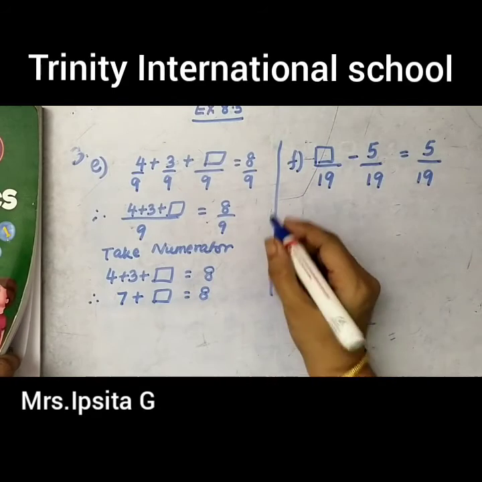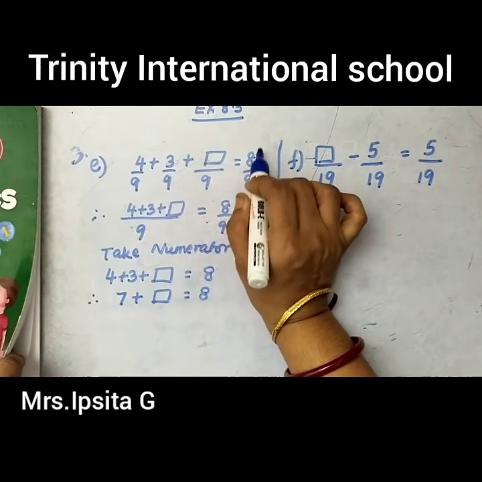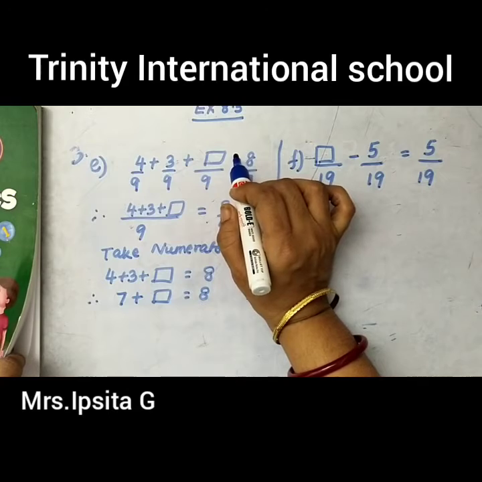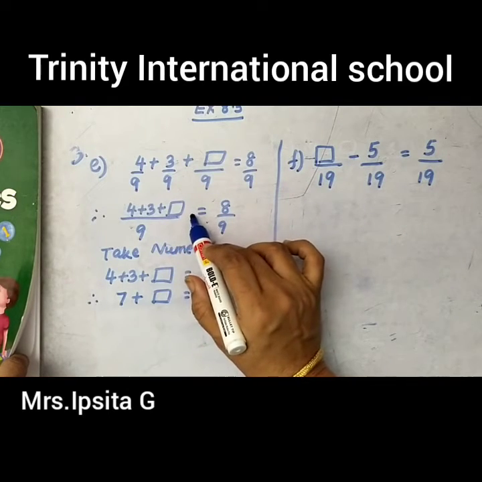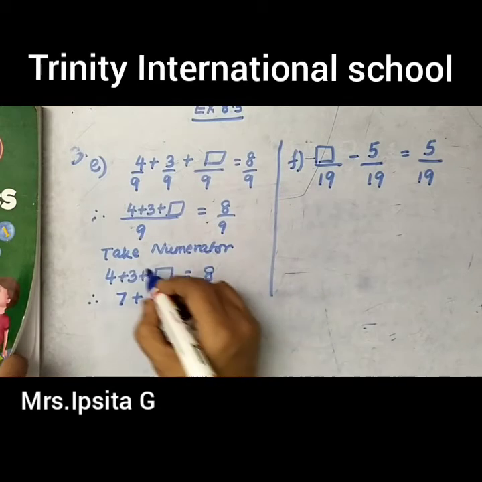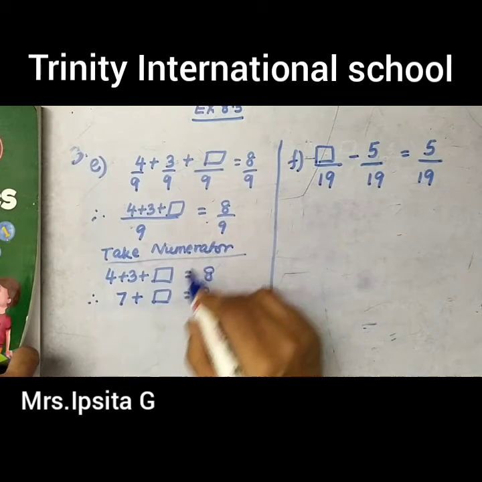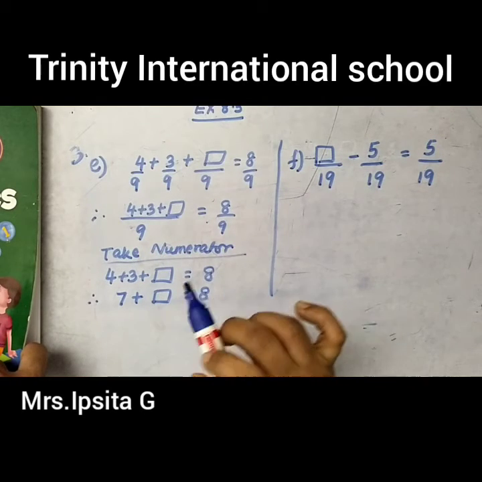Now see here, you have been given with 3 fractional numbers and your answer is 8/9. So we have taken the common denominator. We just had written the numerator over here. Now take numerator. So in the numerator we are taking 4 plus 3 plus box is equal to 8.